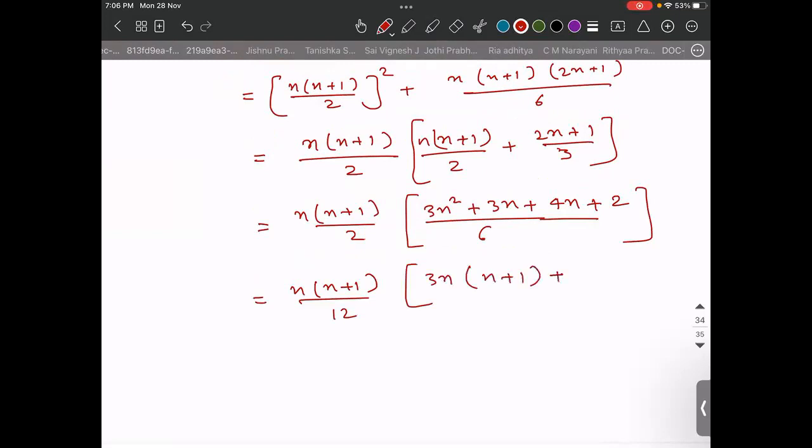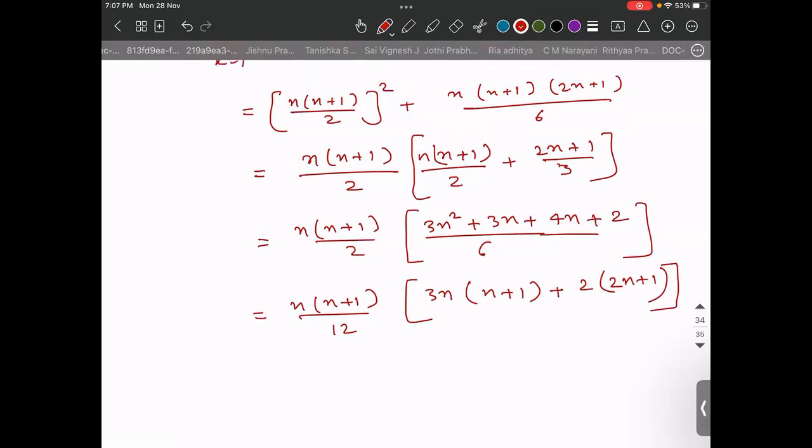Again here what you will get, and okay, so 2 you will take, 2n plus 1 you are getting. Something is wrong here. What mistake is that? N square. What mistake have I made?